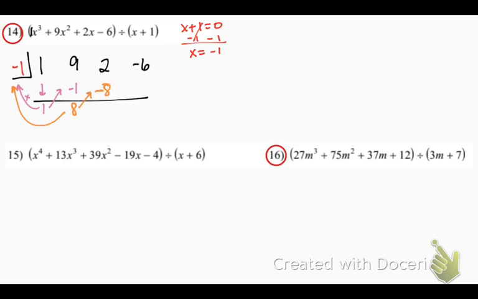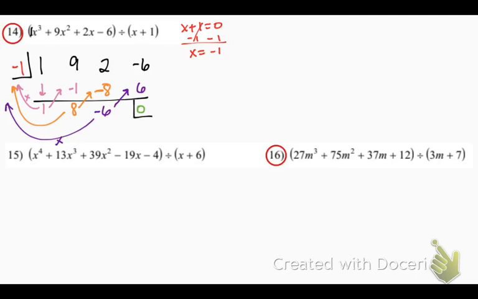I'm going to add down. 2 minus 8 is negative 6. I'm going to multiply. Negative 6 times negative 1 is positive 6. I'm going to bring that up. And negative 6 plus 6 is going to give me 0.